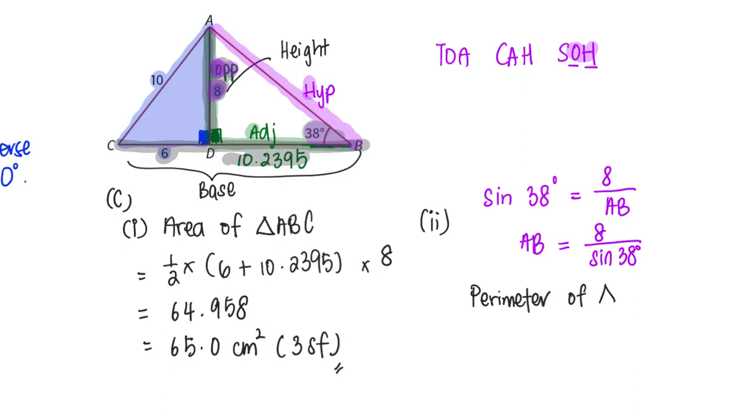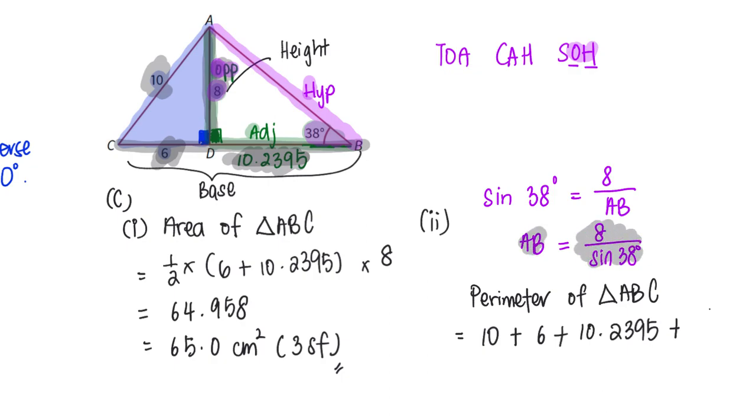Perimeter of triangle ABC is therefore equals to 10 plus 6 plus 10.2395 plus my AB, which is 8 over sine 38 degrees.